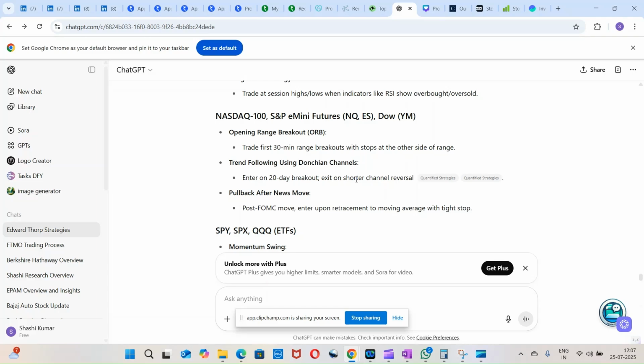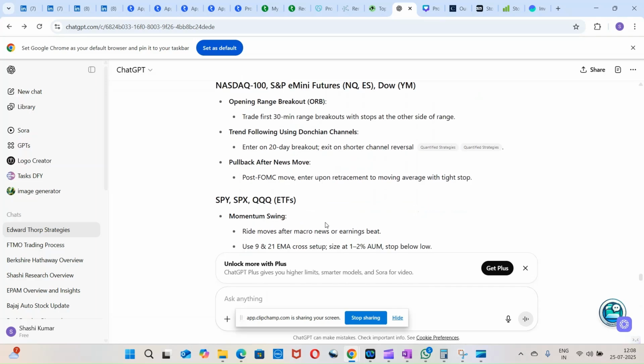Whenever that breakout happens, you enter, and when price falls to the lower channel you exit. This is a simple Donchian channel strategy. It follows the trend, and it works. Trend following works in Nasdaq, S&P, and Dow Jones.